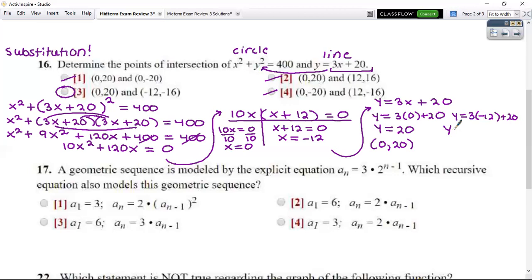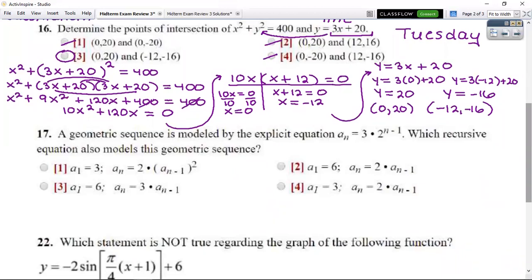So therefore, y would be equal to negative 16. And then your second answer is negative 12, negative 16. That's a good long answer type question. So make sure you're prepared to do one of those types Tuesday.